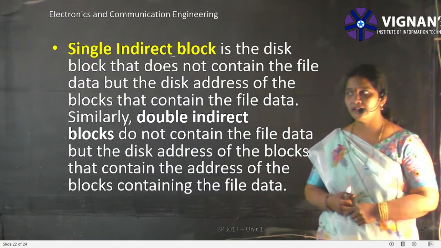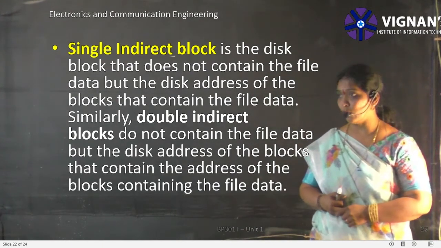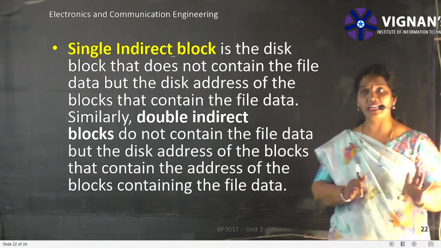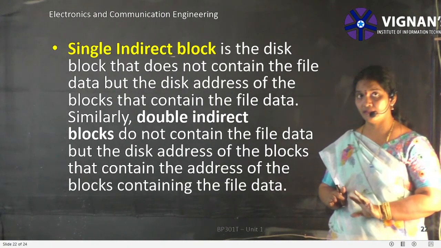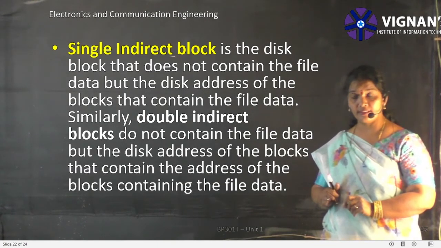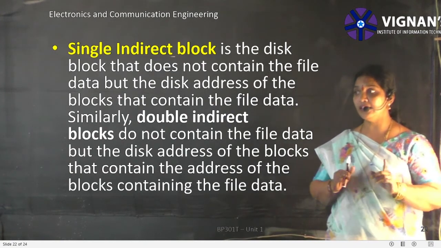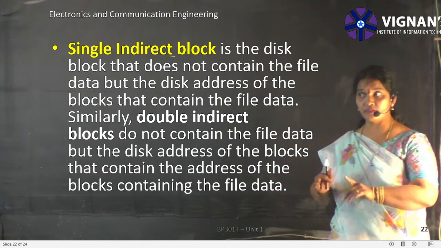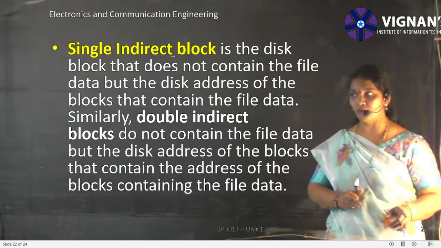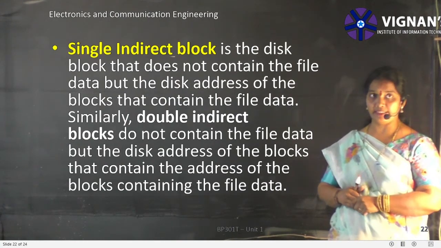Here we'll discuss the single indirect block. This disk block does not contain the file data, but it contains the disk addresses of the blocks that contain the file data. Similarly, double indirect blocks do not contain the file data, but the disk addresses of the blocks that contain the addresses of the blocks containing the file data.